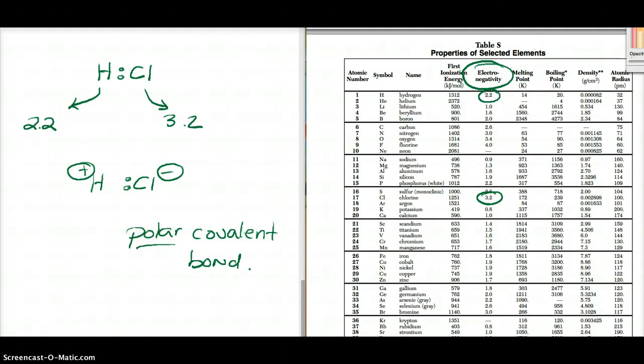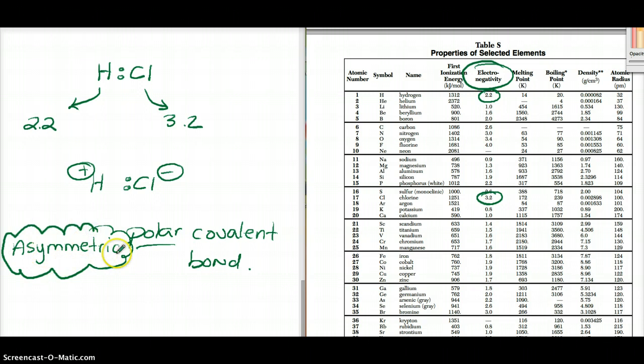Whereas in the word nonpolar, we had two ends and it was symmetric. Polar covalent bonds are asymmetric. Let's put a cloud around that because it's very hard to see. You might think it's asymmetric polar covalent bond. The asymmetric refers to the fact that the two atoms are not the same.